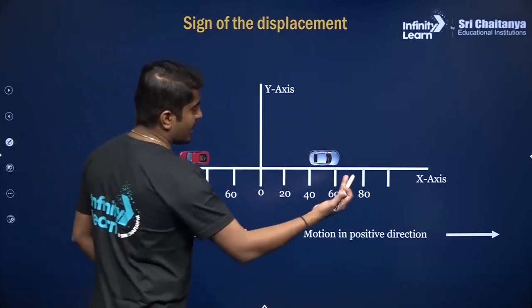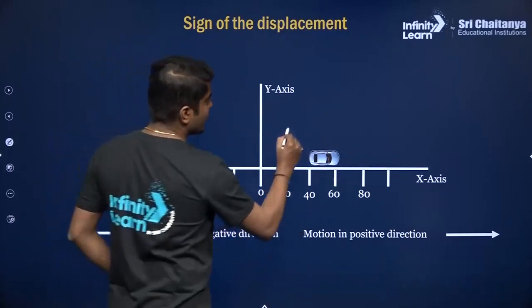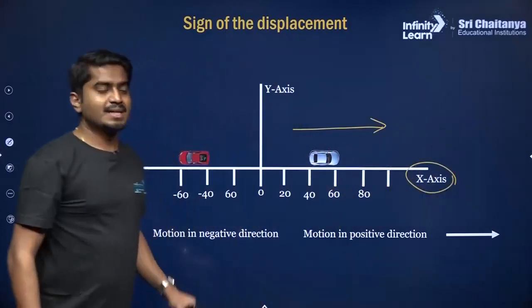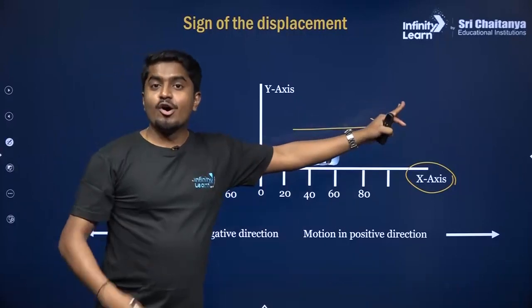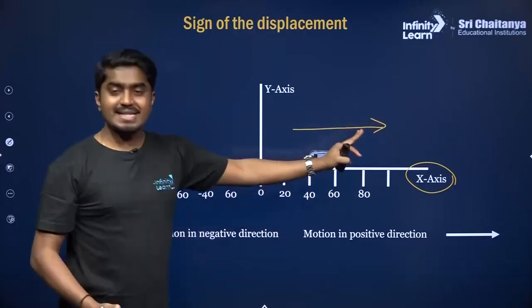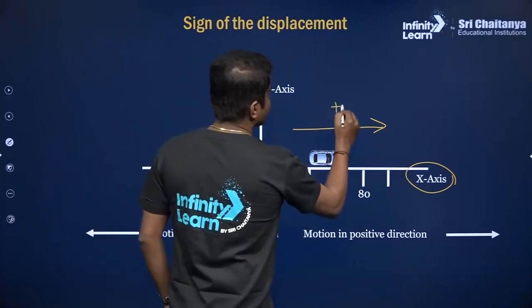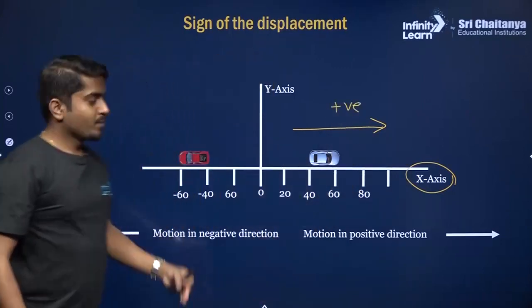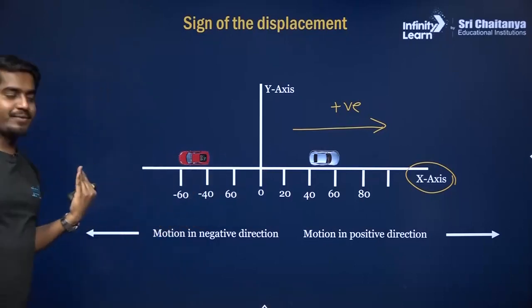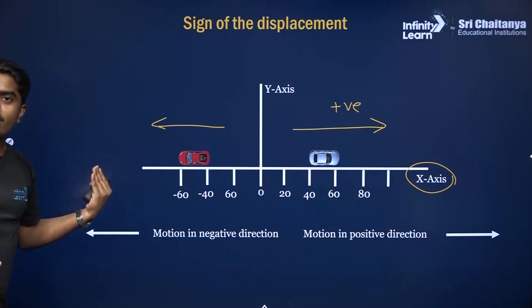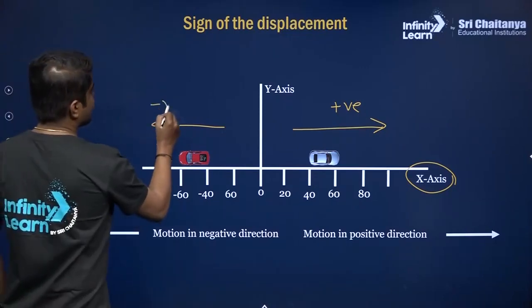So if a car or an object is moving along the positive of the x-axis, moving towards the right, then we say that this displacement is positive. If it is moving towards the left, then this displacement is towards the negative of the x-axis, that is negative.